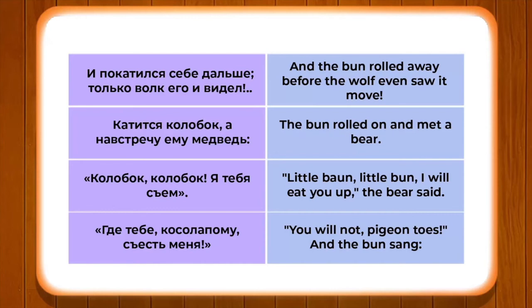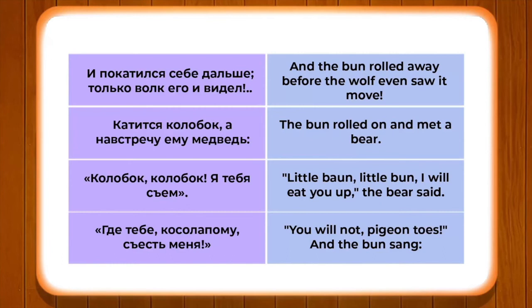So и покатился себе дальше. That means it rolled itself further, if you literally see the meaning. Только заяц его и видел. That means it was difficult even for the hare to find him, to see where he had got away, or where the bun had gone.